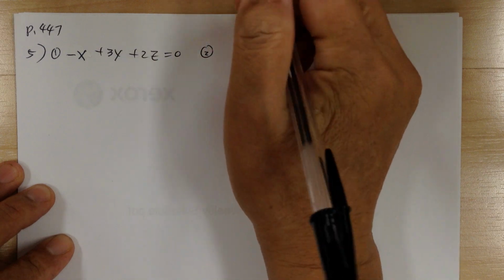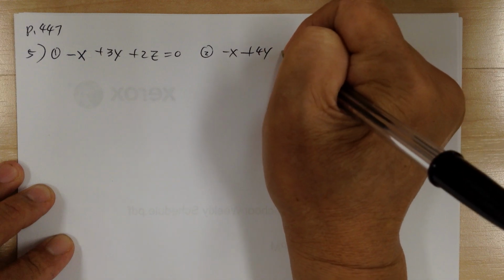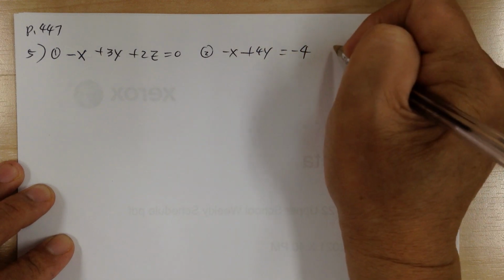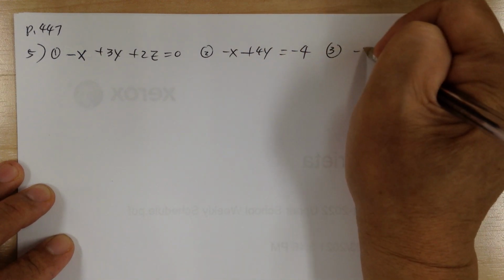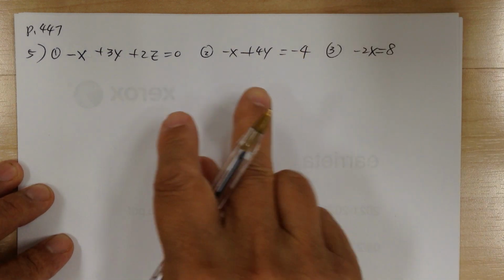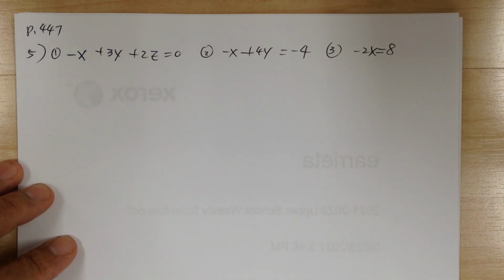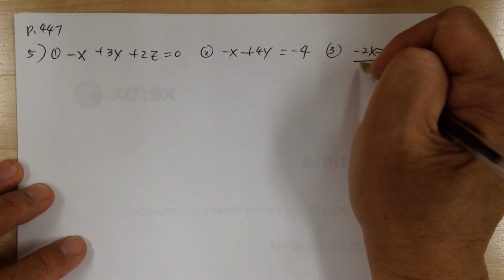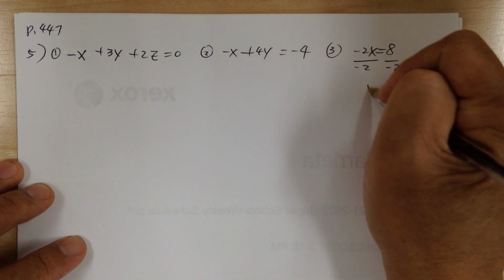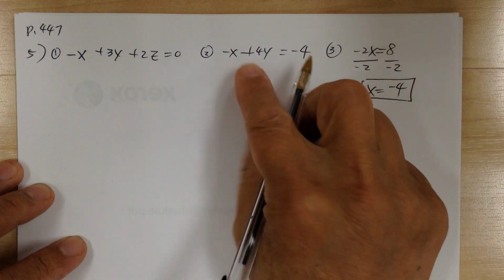Equation 2, you have negative x plus 4y equal to negative 4. Equation 3, you got negative 2x equal to 8. Now, in this case, it doesn't matter if you rearrange in the correct order or not, but I just want to get into the good habit of doing that. So divide by negative 2 on both sides. So you got x equal to negative 4. So that's one answer. Substitute into here.